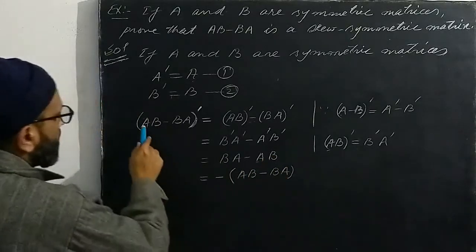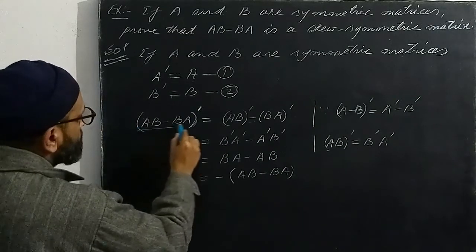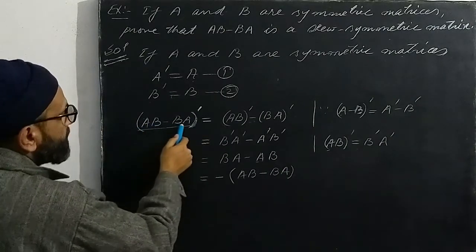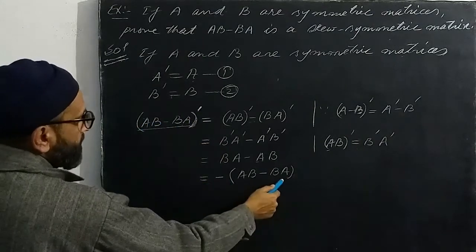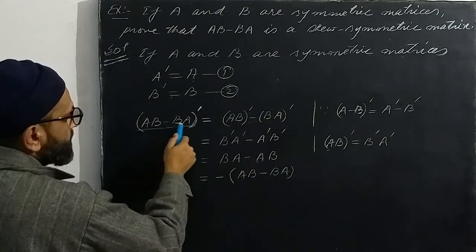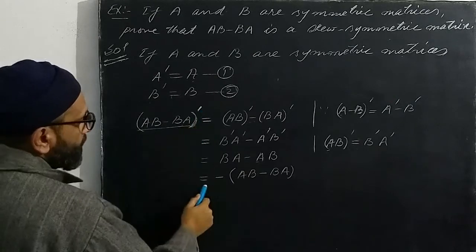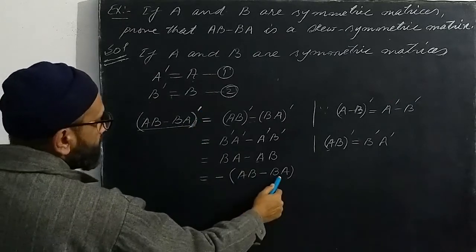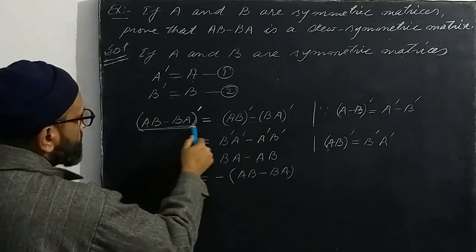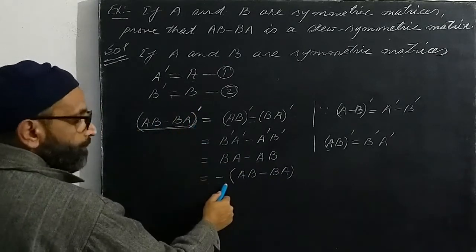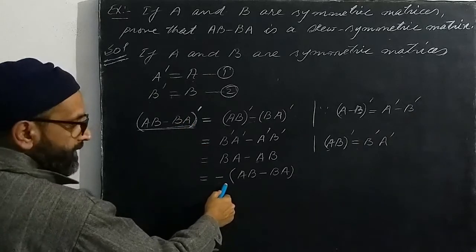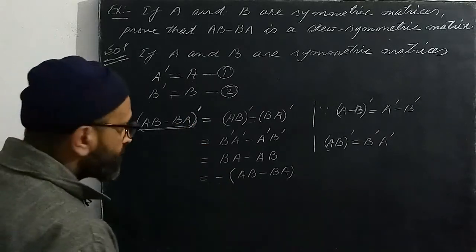So we come to the conclusion (AB − BA)' is exactly equal to the negative of itself: (AB − BA)' is equal to −(AB − BA). So the transpose of AB − BA is equal to the negative of itself, which is the property of a skew-symmetric matrix.